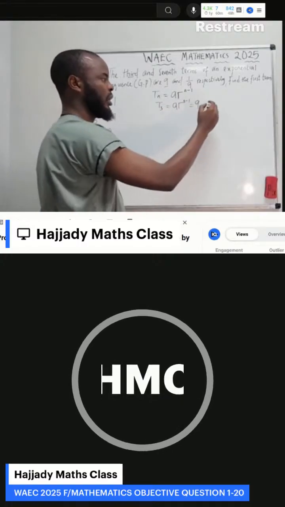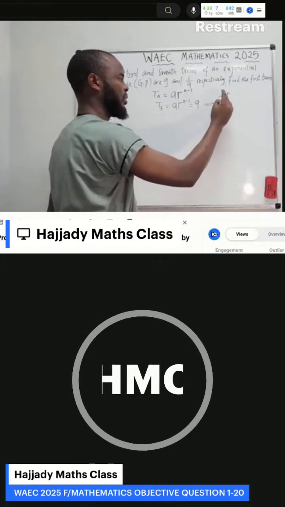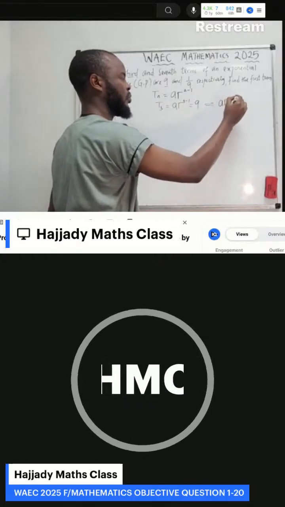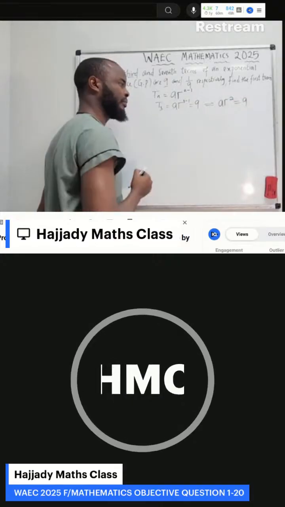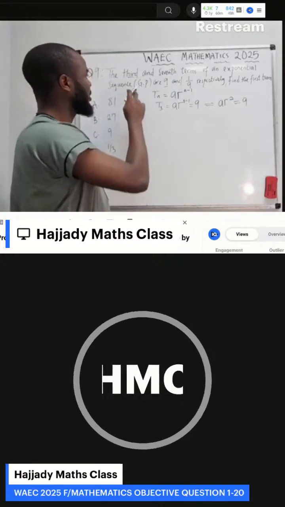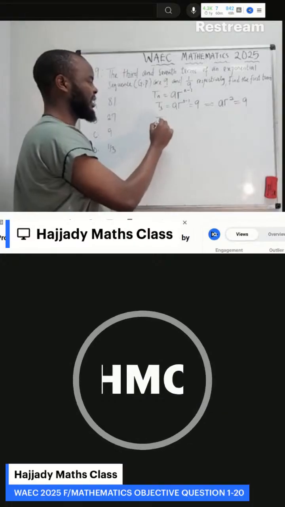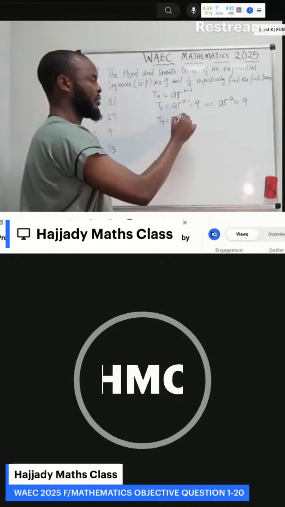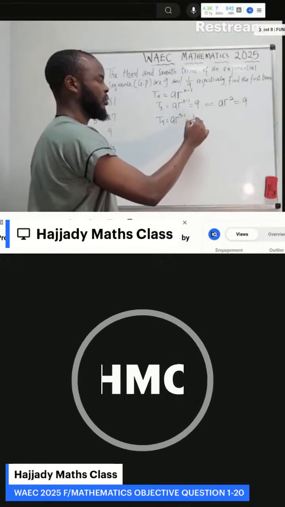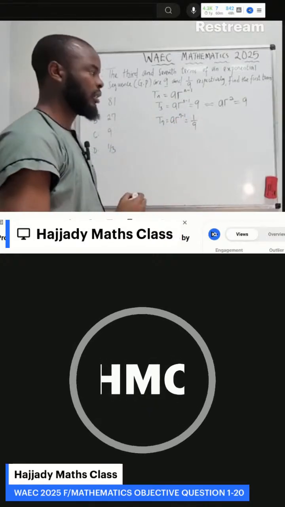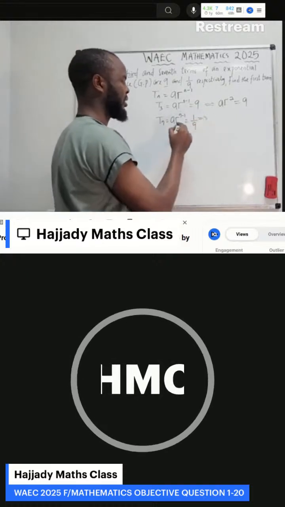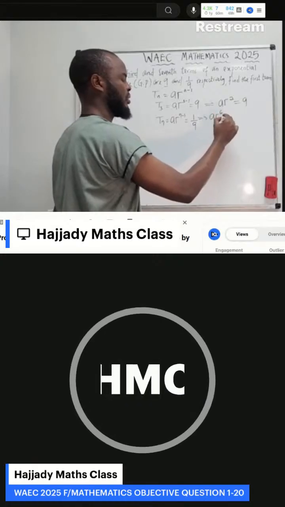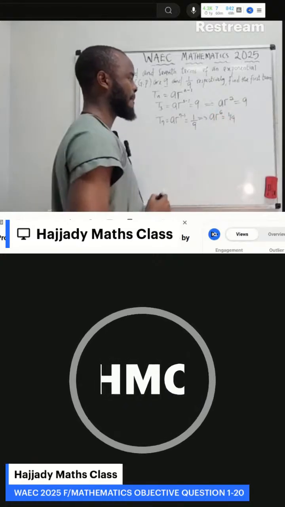That is, you have your T3, which is a r squared, equals 9. Secondly, we have the seventh term, T7, which is a r to the 7 minus 1 equals 1/9. Here you can say a r to the power of 6 equals 1/9.